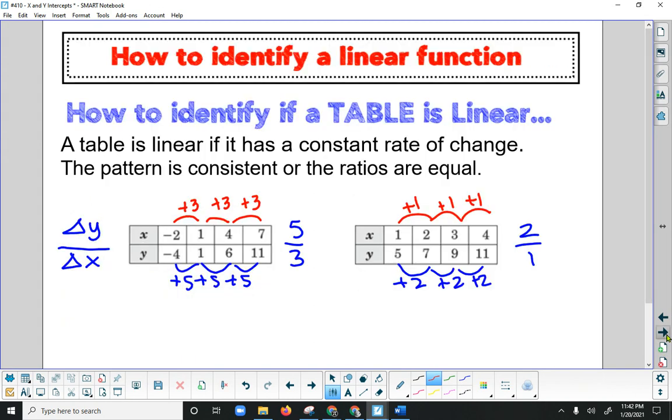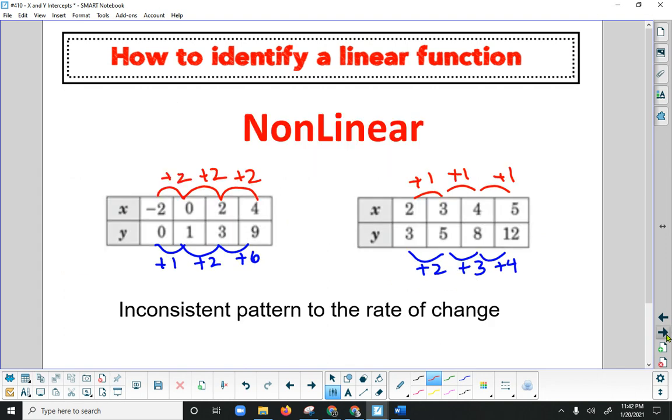So let's take a look at when a table's nonlinear, like here. Notice the pattern of my y's, right? That's my numerator. The change in y is 1, then 2, then 6. But in my previous examples, just because the numbers weren't the same pattern didn't mean it wasn't linear. It was the ratio that mattered.